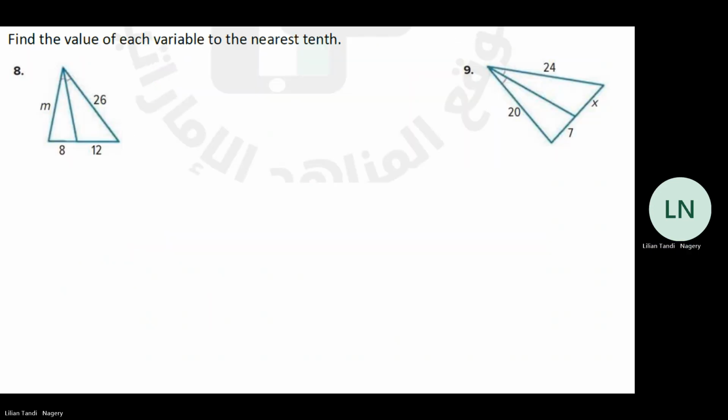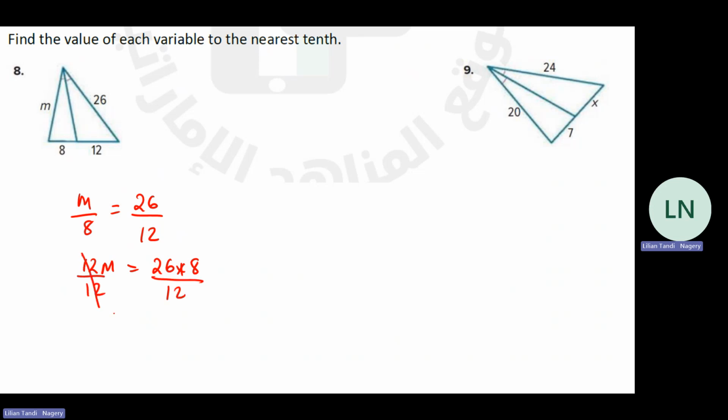All right. So here I will do M over 8 equals 26 over 12. So this is 12M equals 26 times 8. Then we'll divide by 12, divide by 12.